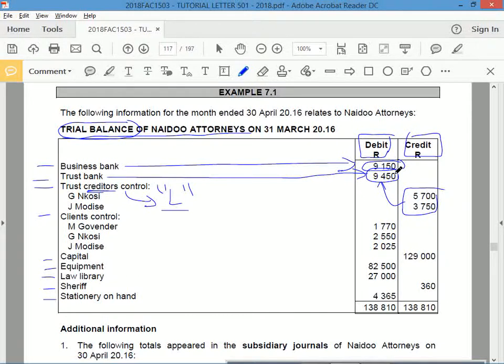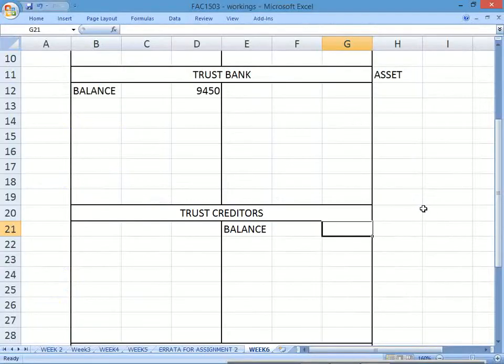Whatever the clients give you, you owe them. So the money sits in the bank and it sits as a liability, right? Because it's not yours. It doesn't belong to you. All right, if I add 5 plus 3 is 8, so 8,700 plus 7 is 9,450, so it is correct.